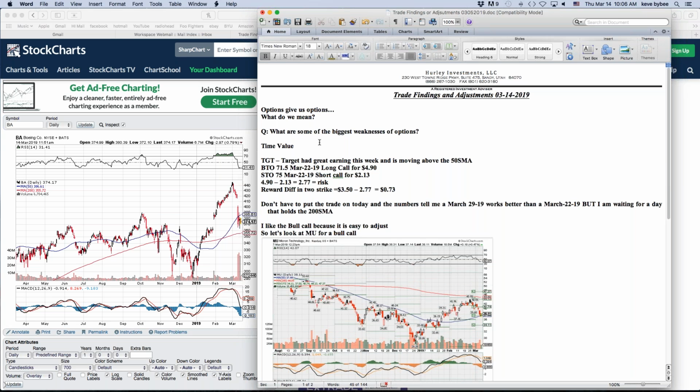Time value, meaning options last for a certain amount of time, unlike stock that lasts forever.